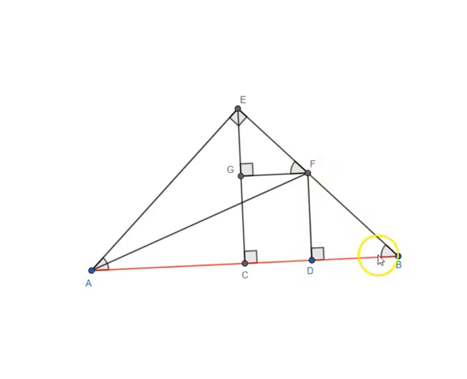Again, these two angles were equal to each other, which means that these two sides are also equal. So instead of saying DF square, we can say DB square. So we have arrived at the expression AD square plus DB square is equal to 2 times the sum of AC square and CD square.